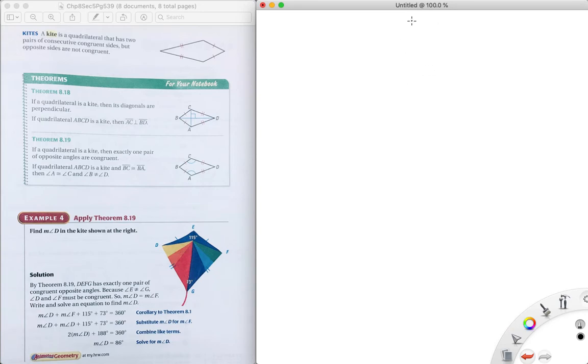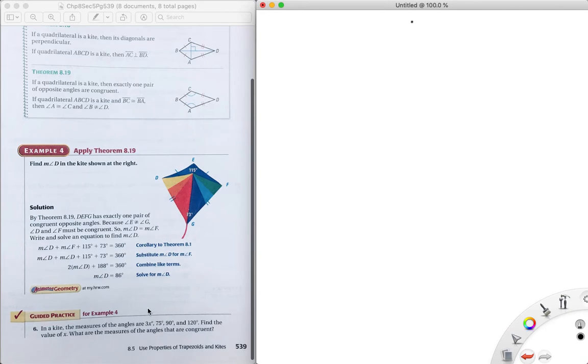Alright, so we have a kite here. And notice it's in numerical order. We're going to go in number order, and we're going to set the two opposite sides equal to each other.